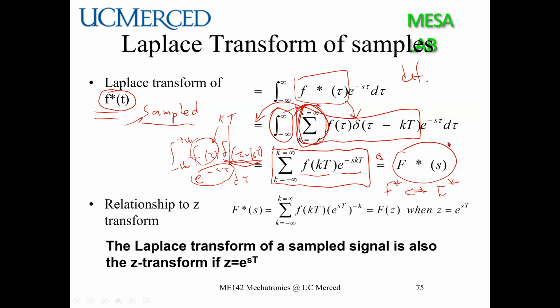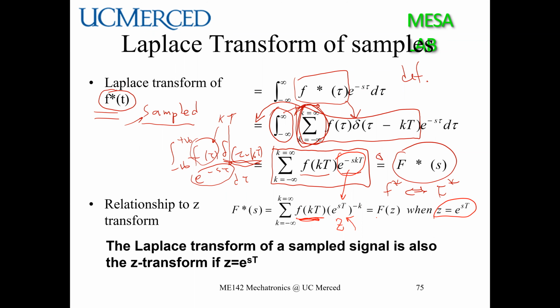So if we write this into this term, say minus k in here and sT in here, remember if somehow I say z is e to the sT, then by definition this is a discrete sequence.